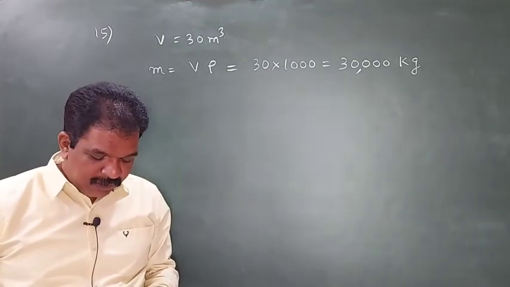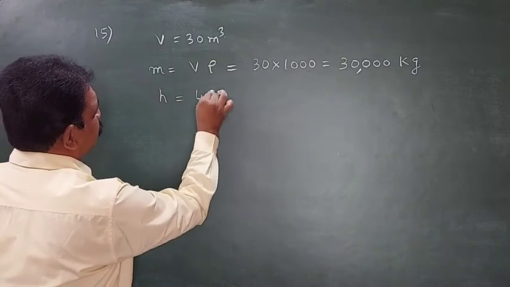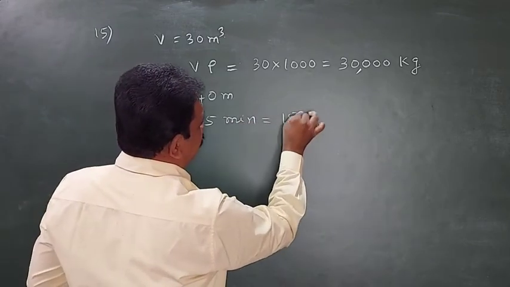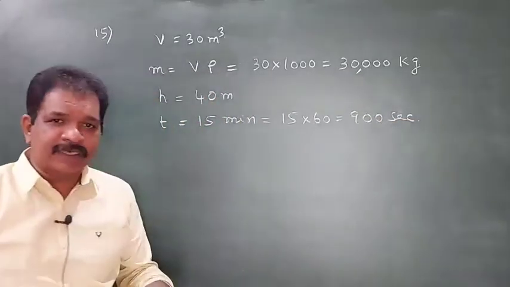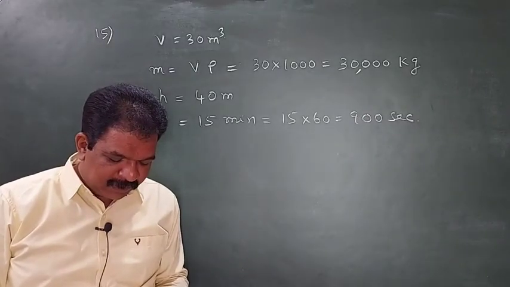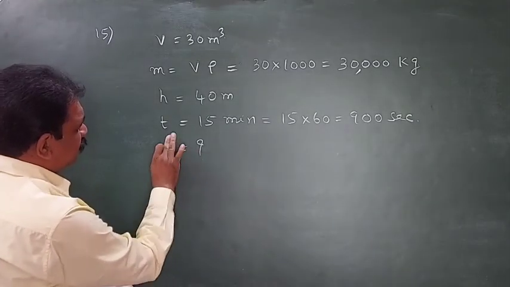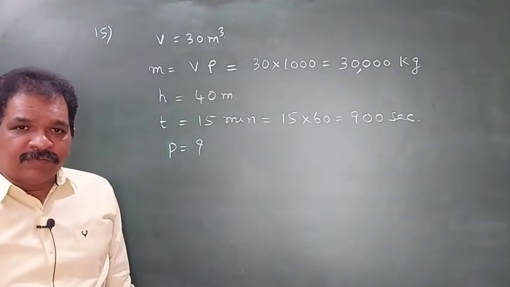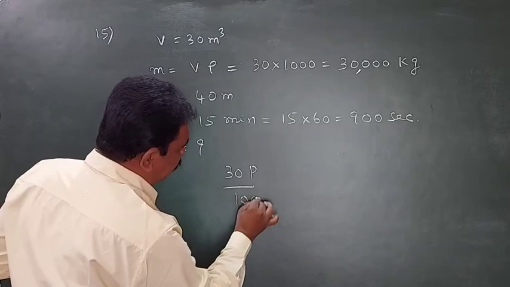Tank height is 40 meter. In 15 minutes we have to fill the tank. 15 into 60, this will be 900 seconds. And efficiency is 30%. How much power is required? Here only 30% efficiency, so we have to take 30 P by 100.